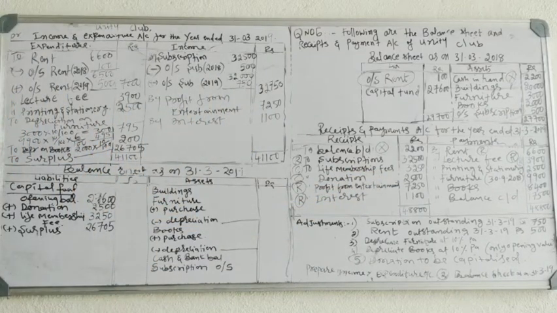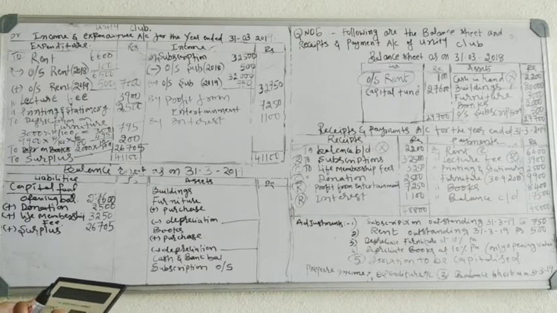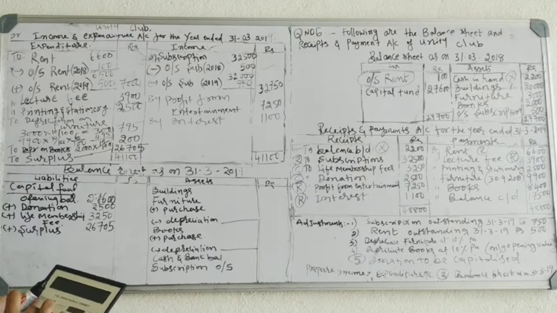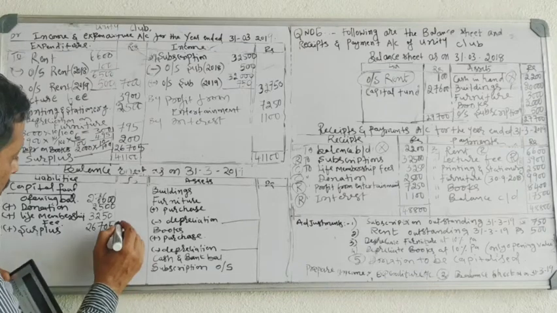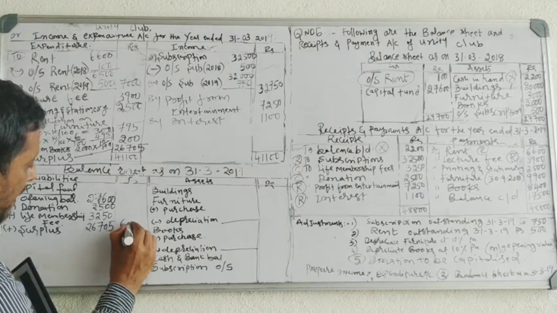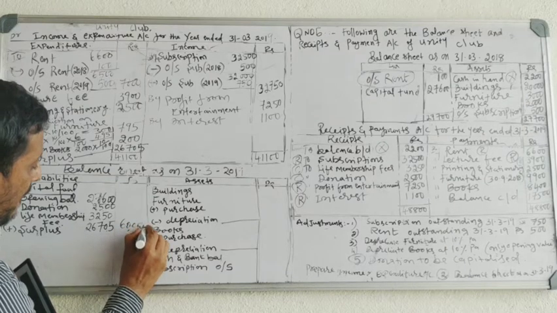Okay, so let's see the closing capital fund. 27,600 plus 2,500 plus 3,250 plus 26,705 gives 60,055.